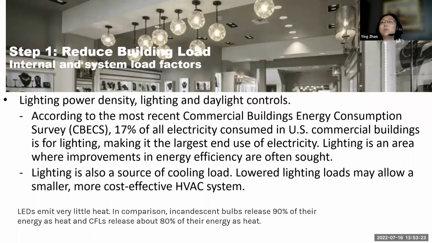Then the large lighting power will release more heat to the space, and then you also need a big HVAC system. So that's really not great for the building. The current trend is for buildings to use LEDs as much as possible, so you reduce both the energy use of lighting and also the heat.